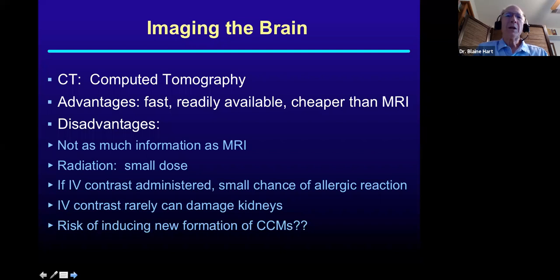If an IV contrast material containing iodine is administered, there's a very small chance of an allergic reaction, and in very rare cases, we're talking about 1 in tens of thousands, that can be a very serious reaction. So it's small, but it's a risk that's there. And the IV contrast rarely can damage the kidneys. Mostly that's a concern in someone who already has borderline kidney status.